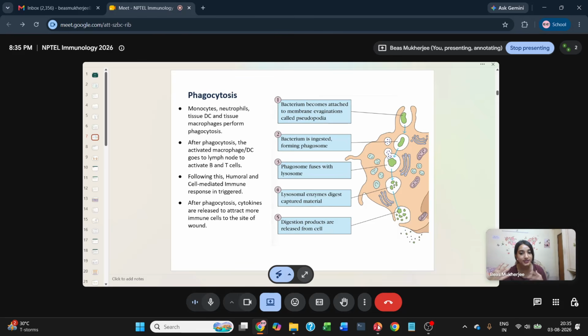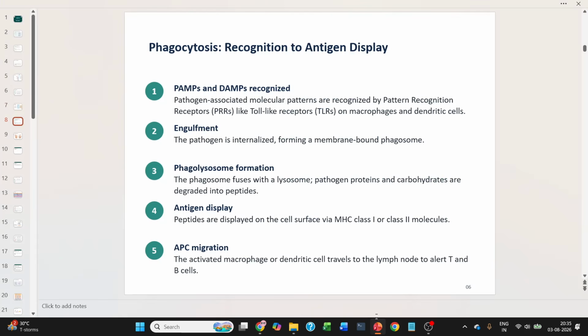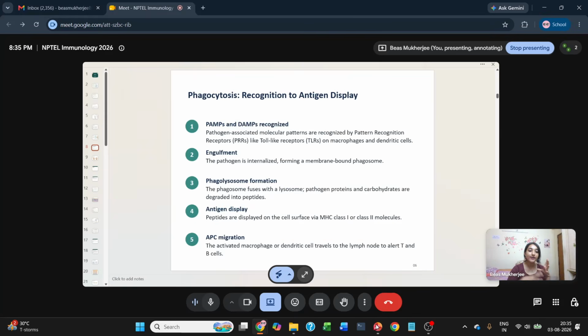After phagocytosis, cytokines are released to attract more immune cells to the site of the wound. Okay. Now we will look at what happens in phagocytosis and how it is that a cell distinguishes whether a particular protein or antigen is foreign and not something from our own body.